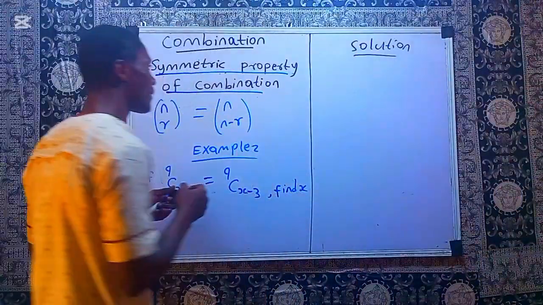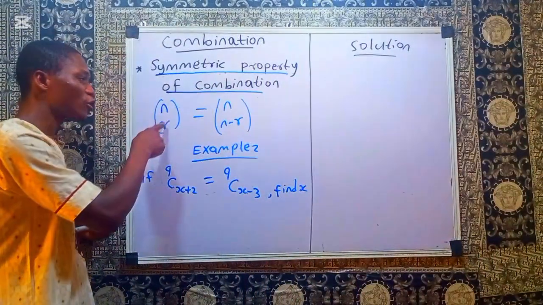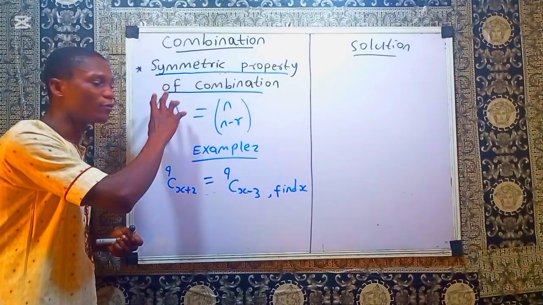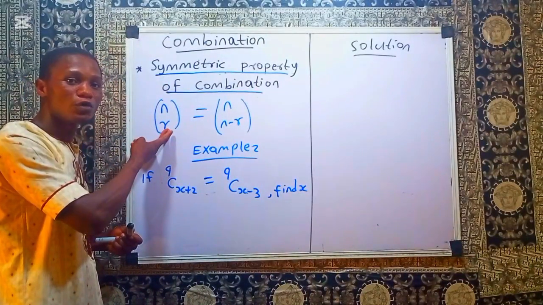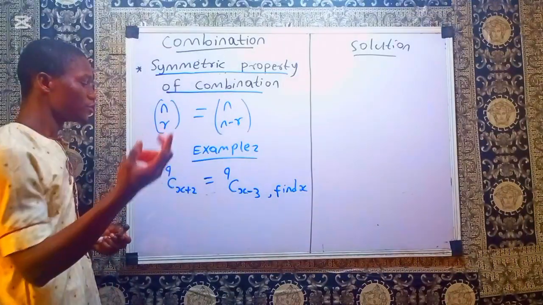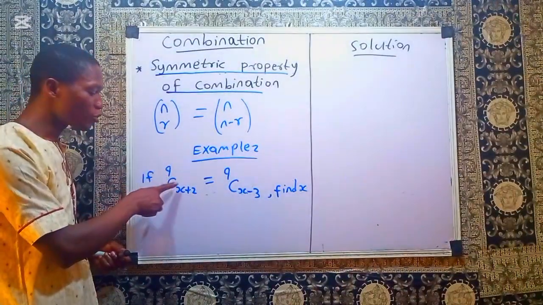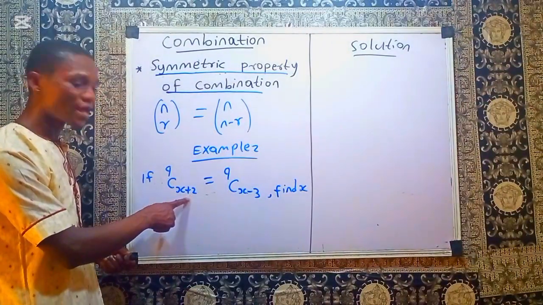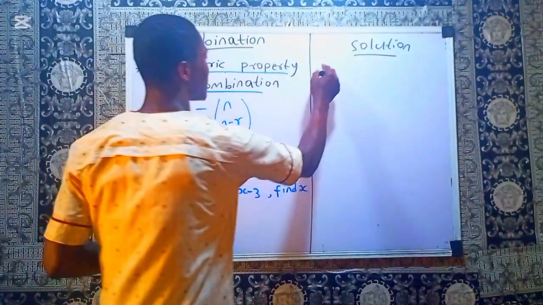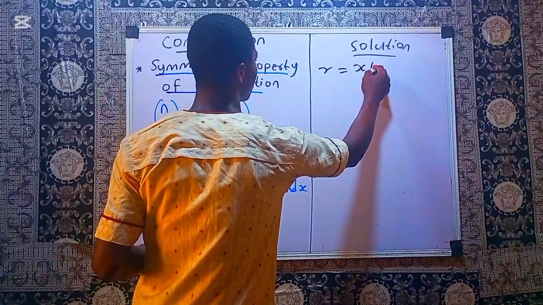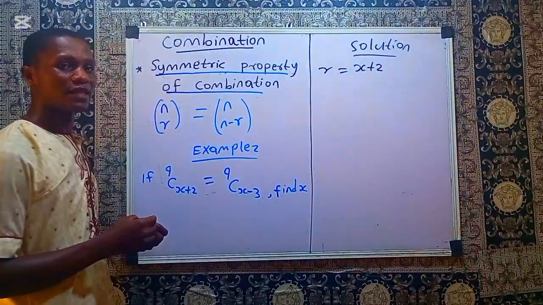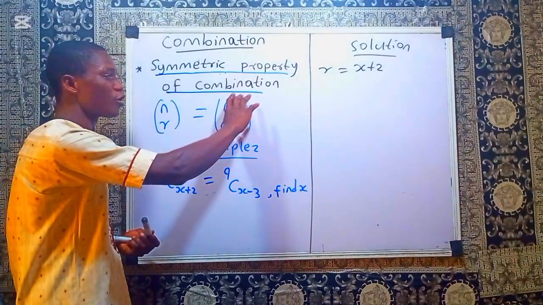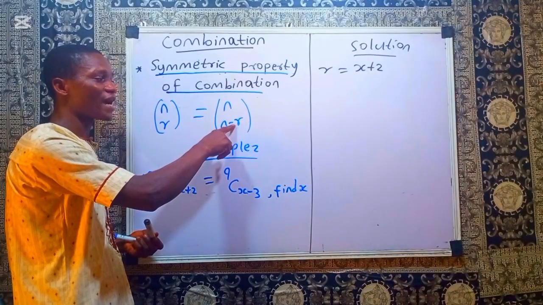So by the symmetric property of combination, we have n combination r. In the first combination, whatever you have below is your r. So in the first one, I have 9 combination x plus 2. What I have below here is x plus 2, so x plus 2 is my r. I'll say that r is equal to x plus 2. Then from our observation, the first one is equal to n combination n minus r.